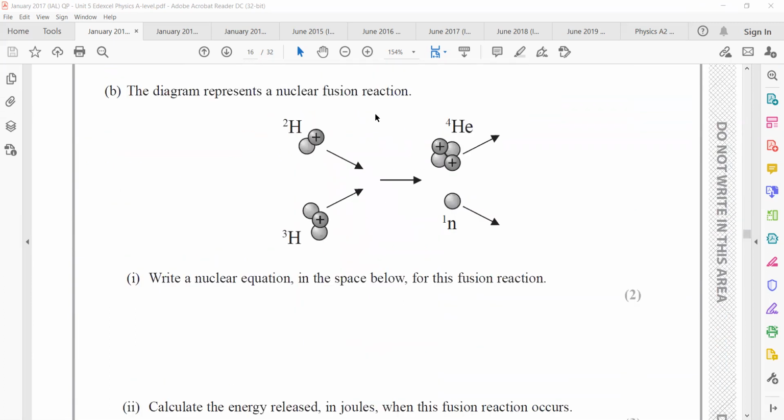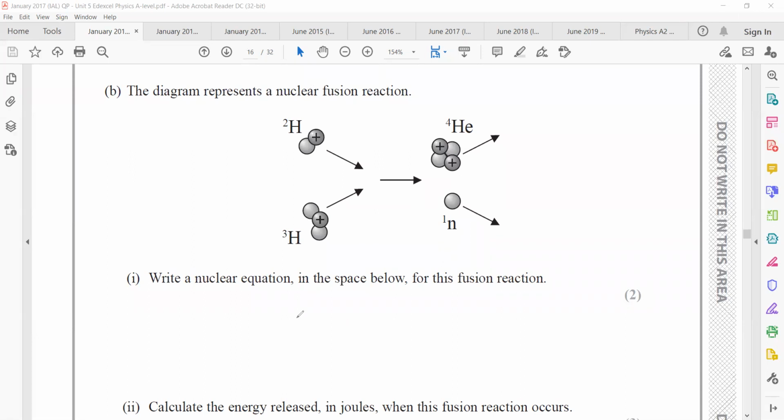The diagram represents a nuclear fusion reaction. Two isotopes of hydrogen fuse together to produce helium and a neutron. Write an equation in the space below for this fusion reaction. So what could be the equation?